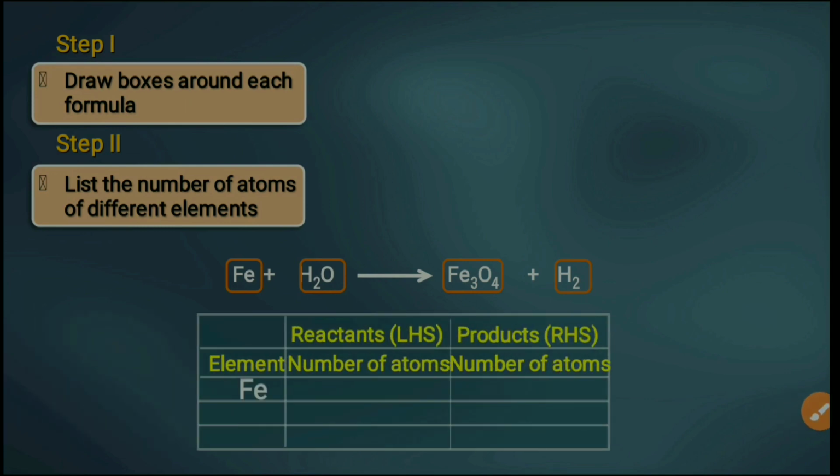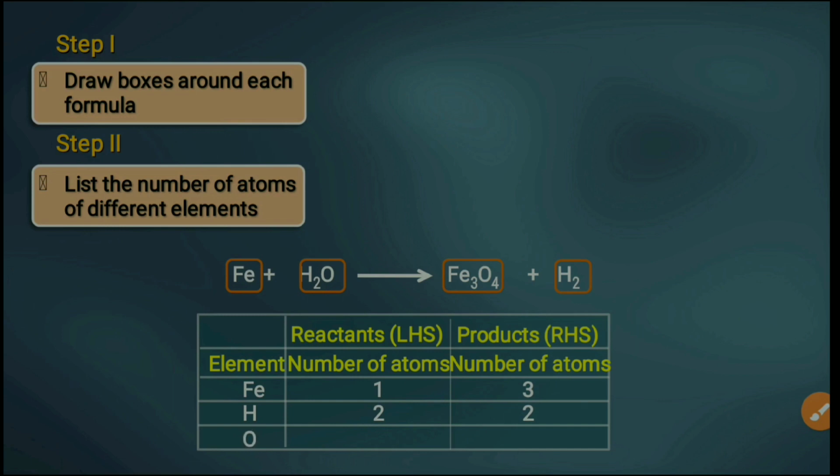Yes, we will start now. Iron in the reactant side is 1, and in the product side 3, so it is unbalanced. Hydrogen in the reactant side is 2, and in the product side 2, so it is balanced.